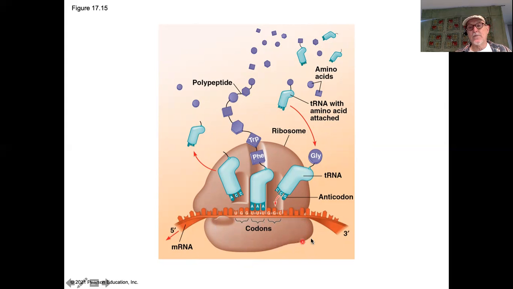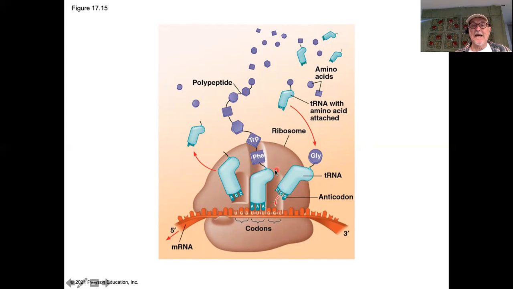This is a ribosome. Ribosomes consist of 2 halves. There is a small portion here, and there is a large portion here. And they sit on the messenger RNA in a very strict orientation. Inside the ribosome, there are 3 different sites.